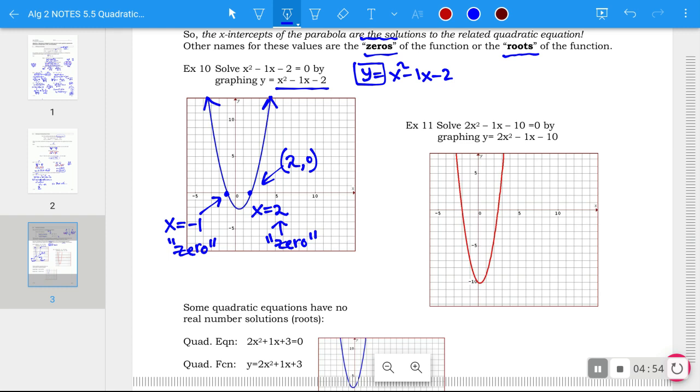I usually counsel students to use the Zoom 6 feature, which is a standard screen setting. And you should get something similar to what's shown over here. You'll get a parabola that crosses the x-axis somewhere near the origin. You can see that it'll be similar to what shows here, although the scale will be a little different.